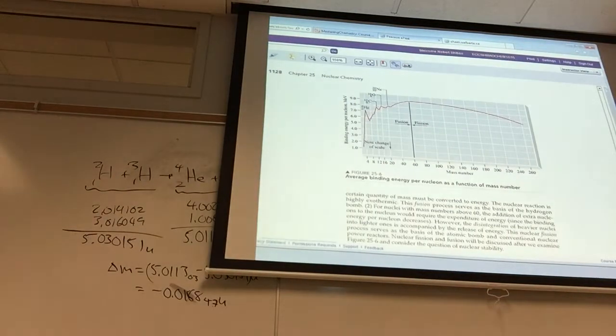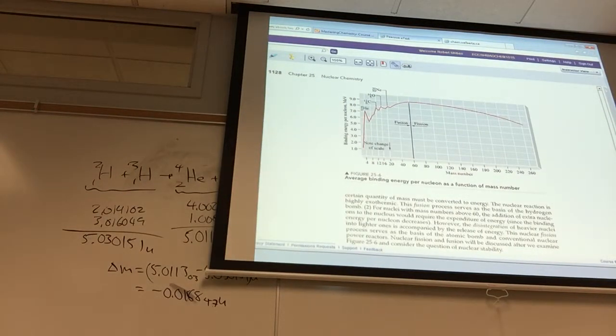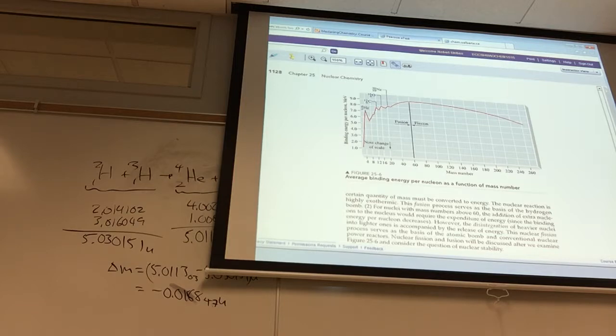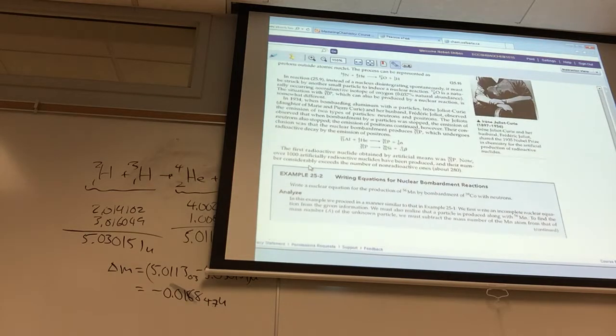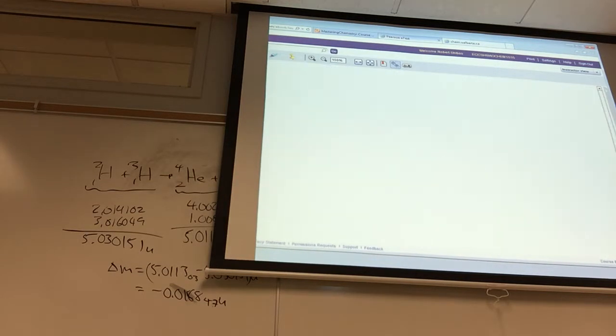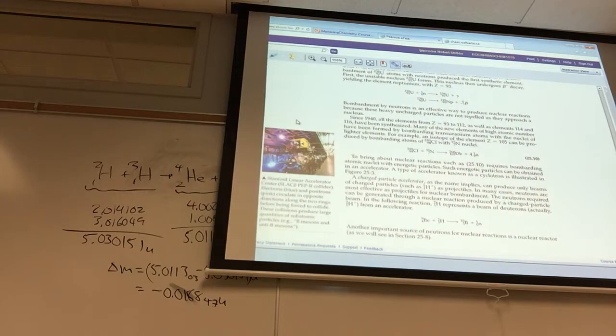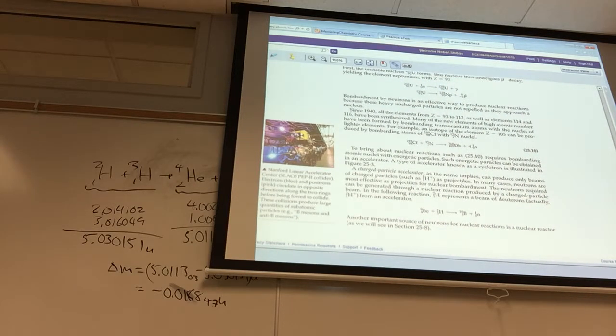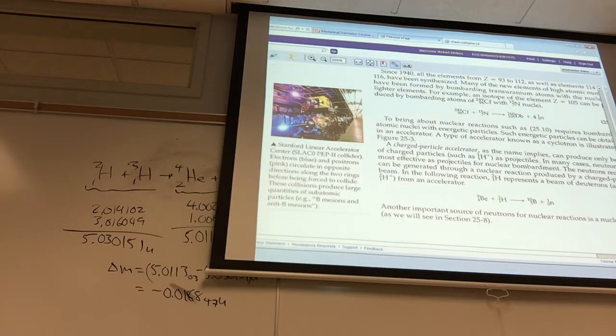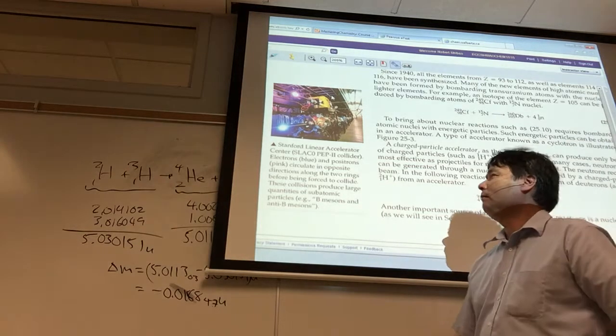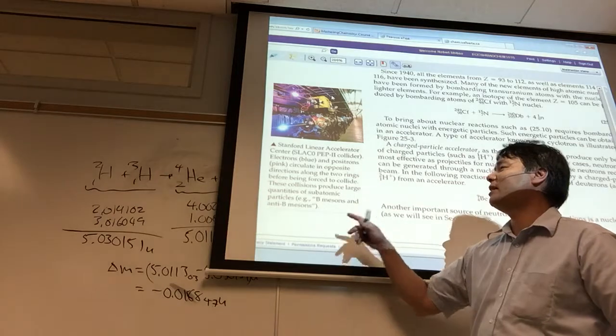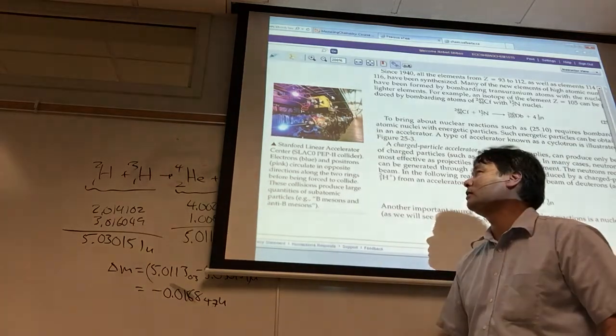How can you overcome that activation barrier? Well, if you don't need to react that much, then it's not that difficult to overcome that activation barrier.